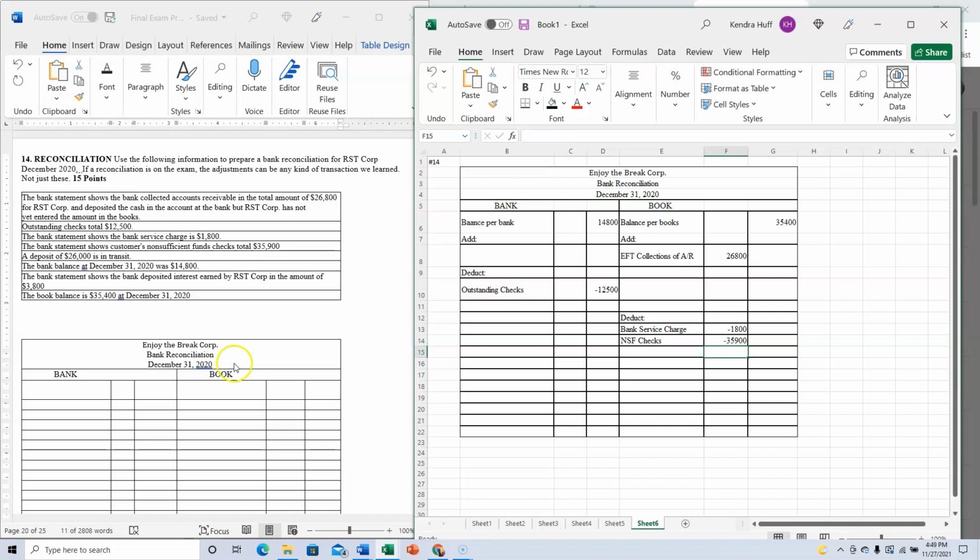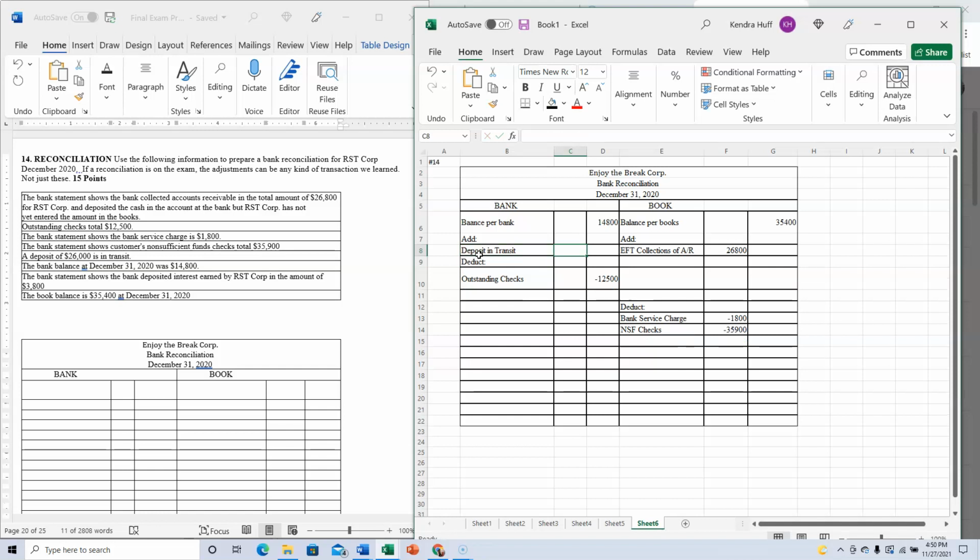So to subtract that out, a deposit of 26,000 is in transit, so we're going to add that to the bank side. The bank balance, we have that already. The bank statement shows the bank deposited interest earned by RST in the amount of 3,800. So that's going to be added on the book side.